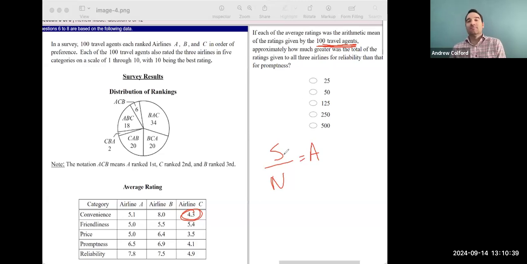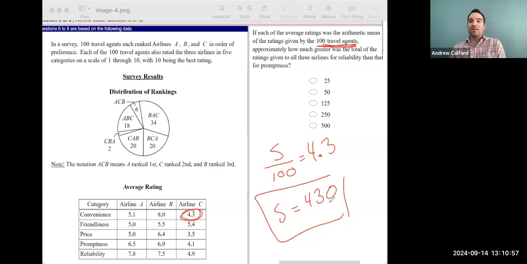Well, I know the average is 4.3. I know the number of numbers is 100, right? So the sum of all the travel agents has to be 430. I should say the number of points that airline C got was 430.